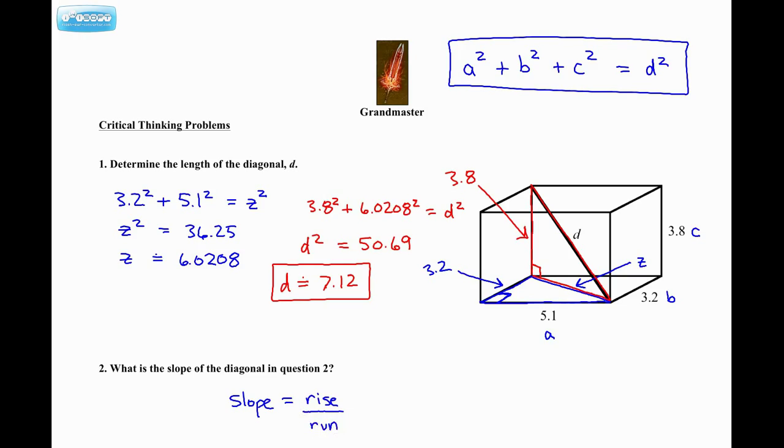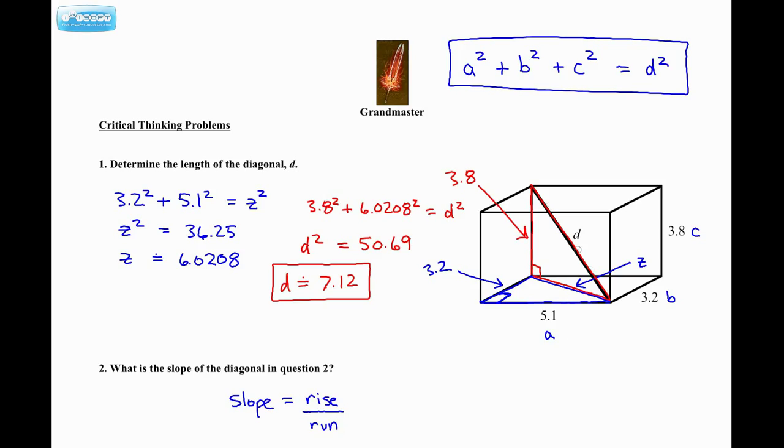Now on a graph, as we worked with before, we had to be careful about our direction because that would make the rise or the run negative. So you could have positive or negative slopes. Well, in this case, there's no graph here, and all these numbers are positive, so I'm not concerned about the sign at all. We're just going to keep everything positive, which is nice.